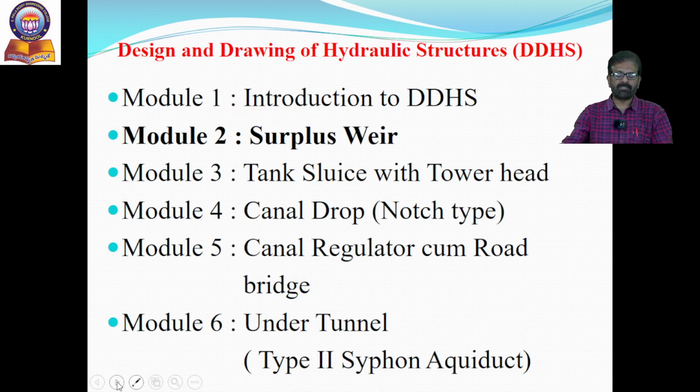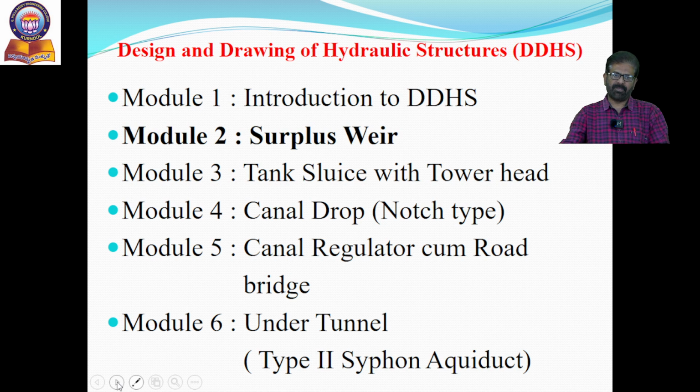As I mentioned earlier, this entire course of DDHS is divided into a number of modules. Earlier, module 1 was the introduction to DDHS. Now in the present module, module 2, I am going to discuss the surplus weir, both design and drawing. Since it takes more time, it is better to divide this module into a number of parts.